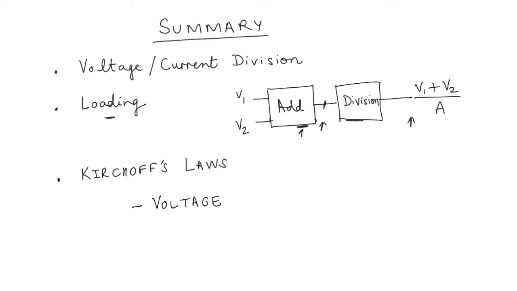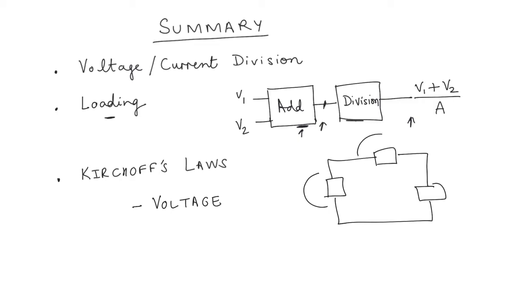Kirchhoff's voltage law states that when you go around a loop and you have several components connected in a loop, and you look at the voltage drops across each of these components and add them up, they add up to zero. So the summation of the voltage drops across all components in a loop is equal to zero. That's the summation over a loop.